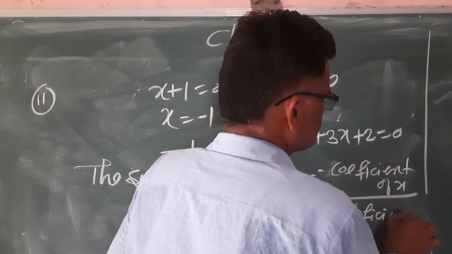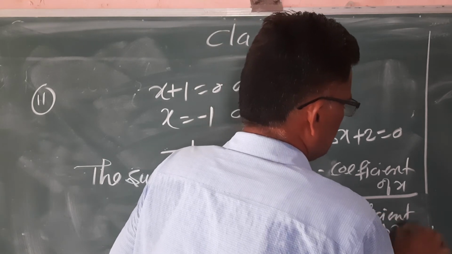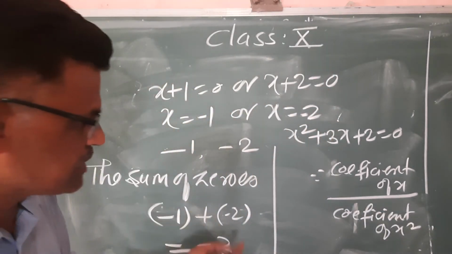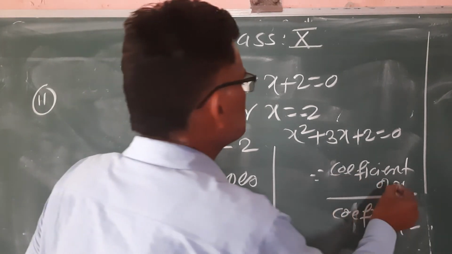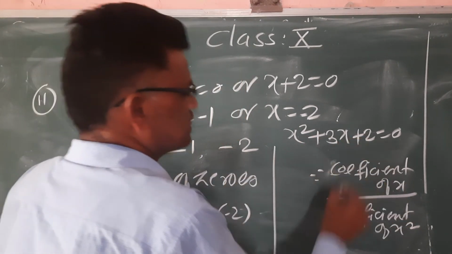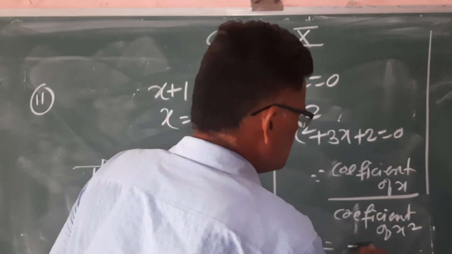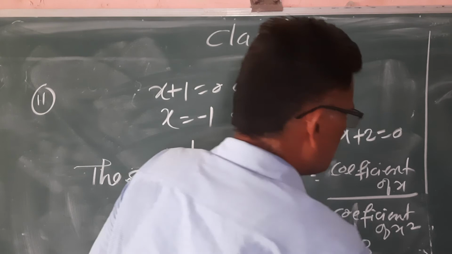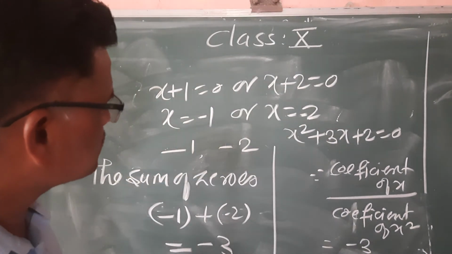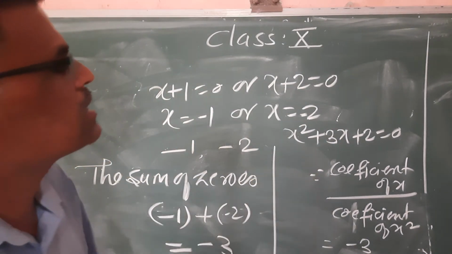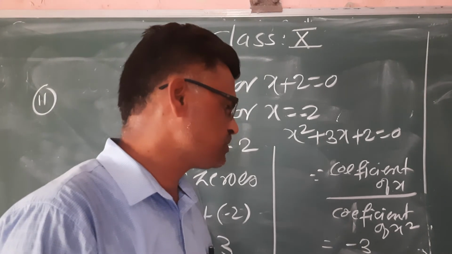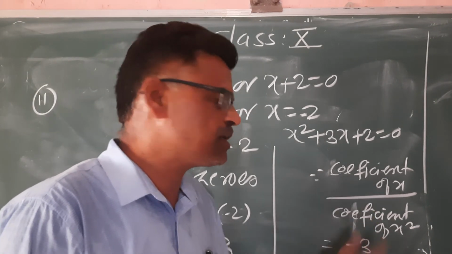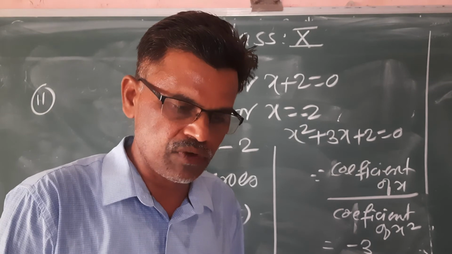The coefficient of x is 3, so minus of 3 divided by 1, we get minus 3. We observe that the sum of the zeros and the relation of the coefficients are equal.